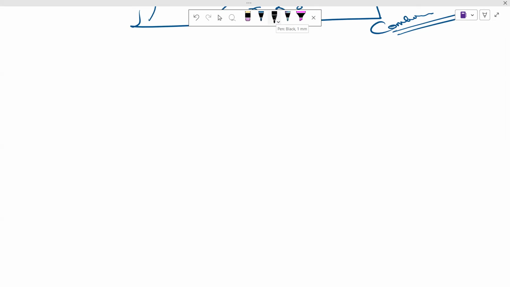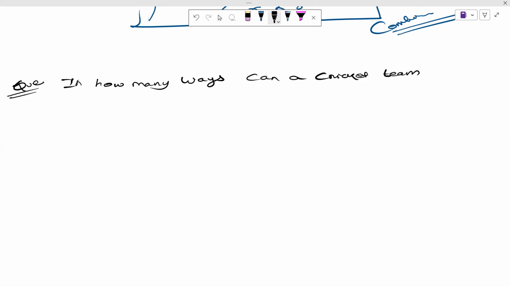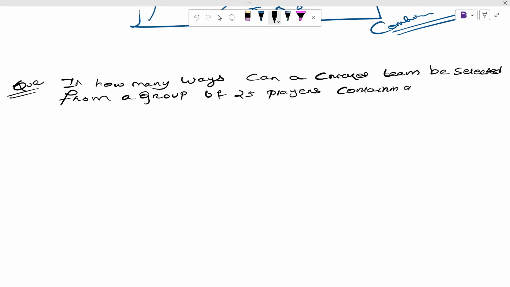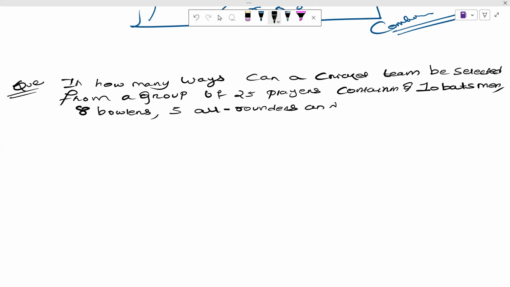So now here, let one question be there. In how many ways can a cricket team be selected from a group of 25 players containing 10 batsmen, 8 bowlers, 5 all-rounders, and 2 wicketkeepers.